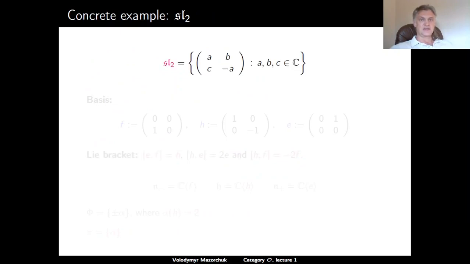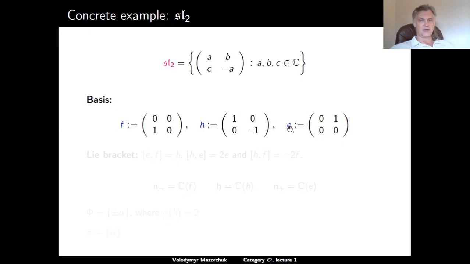A very concrete example is the Lie algebra SL2. So this is the algebra of all traceless 2 times 2 matrices. It has dimension 3 with a standard basis given by the matrix F, where we have 1 below the diagonal and the rest is 0. We have the diagonal matrix H with 1 and minus 1 on the diagonal. It must have trace 0.